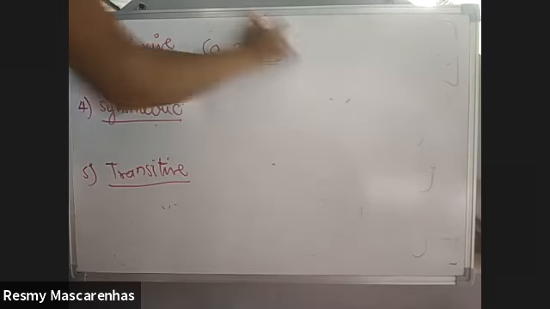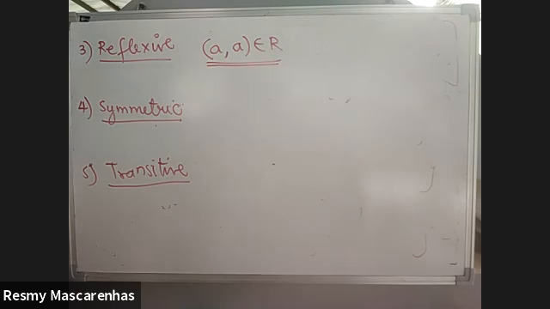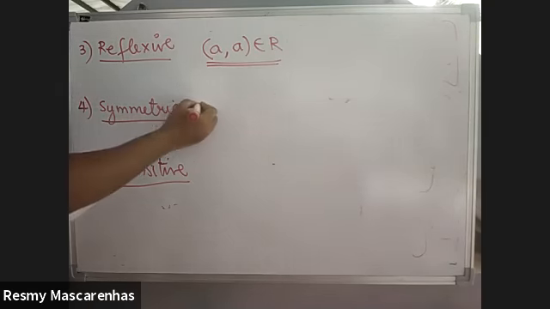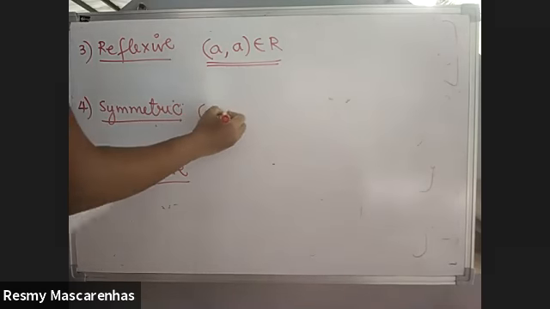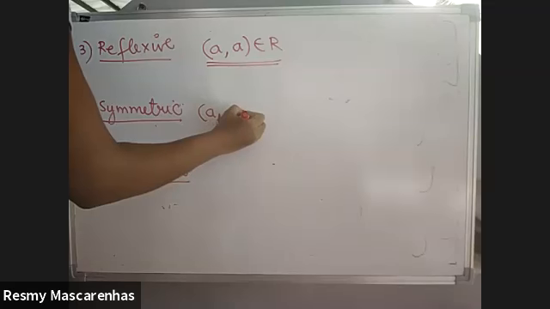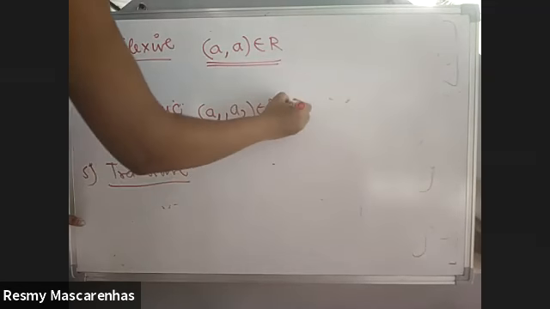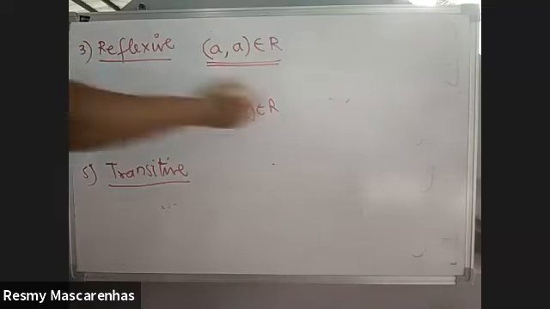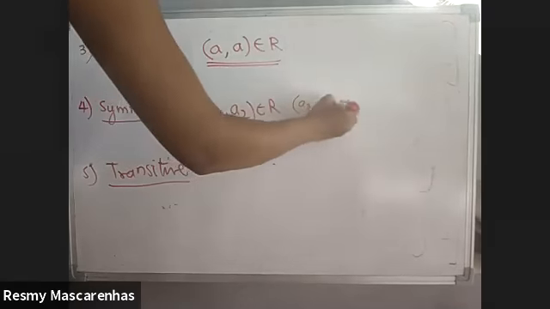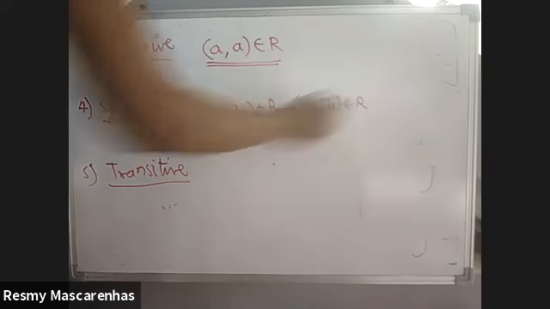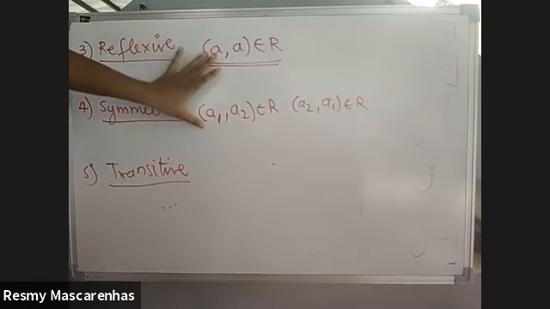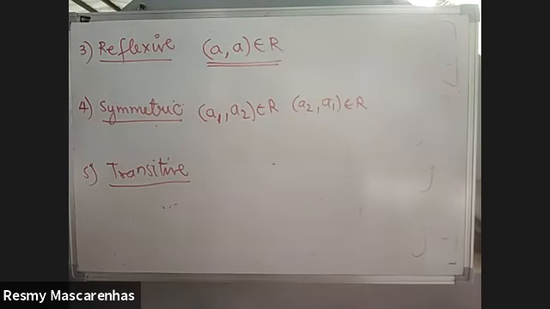A comma A should belong to R. I've underlined it also. Only that much you should know under reflexive: A comma A should belong to R. For symmetric, what you should remember is if A1 comma A2 belongs to R, then the reverse, A2 comma A1, should belong to R. This I will explain with an example, so don't worry.